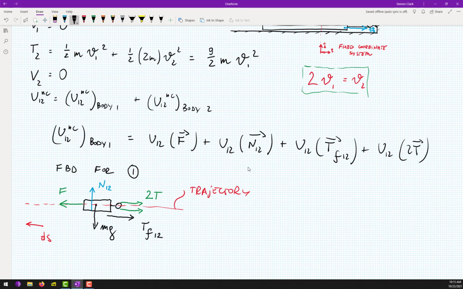So 4 non-conservative forces act on our structure. I skipped mg because mg is conservative. Guys, without even asking you, what is this? 0. For the same reason as earlier. N12 is perpendicular to ds.